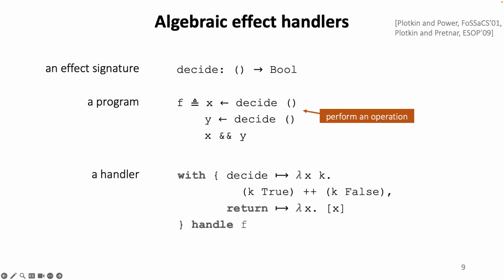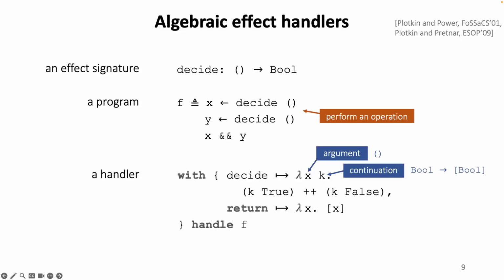So we write this with handle clause to handle the computation F using a specific handler, in this case, a handler for decide. And the handler defines what happens when an operation is performed. In this case, decide maps to a function that takes the argument to the operation, in this case, just the unit, as well as a continuation that captures from where the operation is performed to where the handler is used to handle this operation.